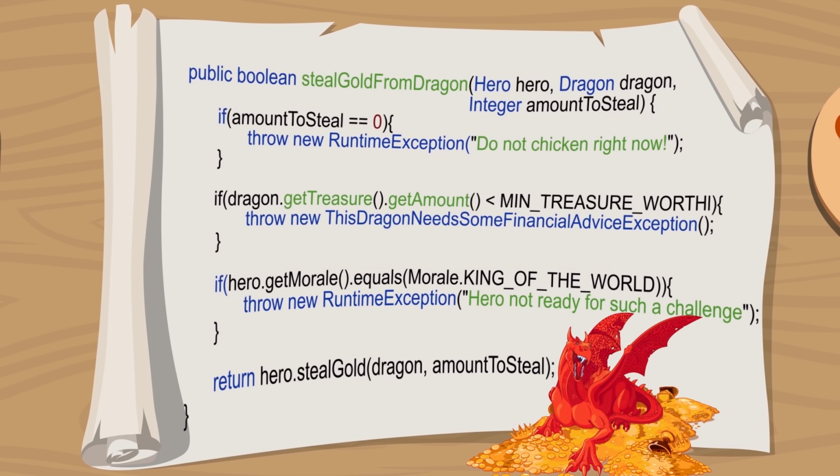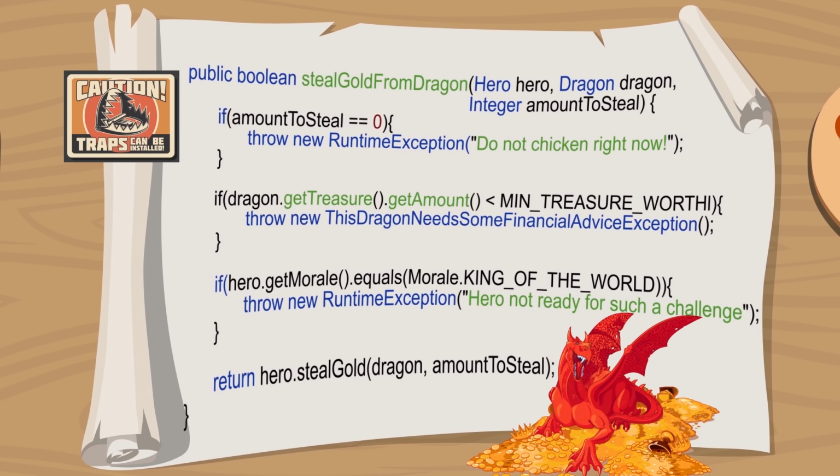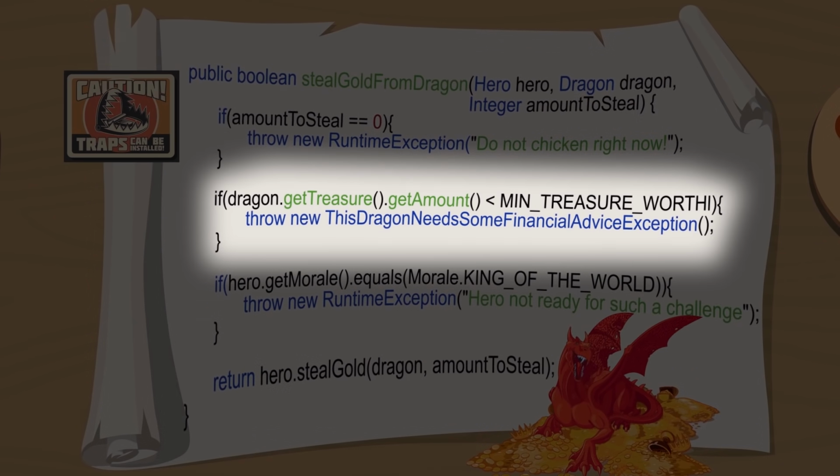Again, all this looks fine on the first glance, but there are some nasty pitfalls here. If for some reason the amount to steal is passed as null, then the first conditional will result in a null pointer exception at runtime. Going further, if the dragon has no treasure at all, the get amount will throw another null pointer exception that may cause havoc in our application.